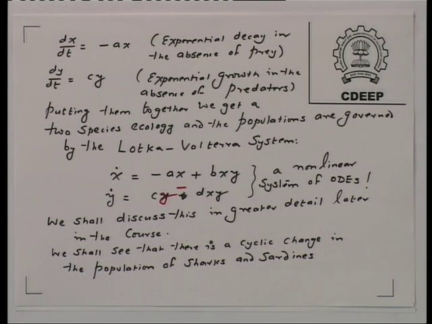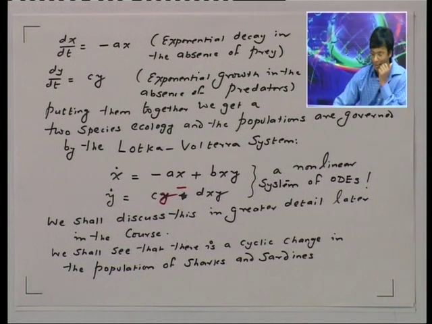Now what we do is put the two together to get a two species ecology. Now what do you get? X dot equal to minus ax, the exponential decline of the population of sharks, is going to be checked by a positive term, plus bxy.